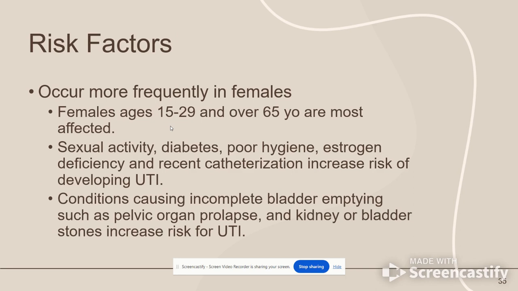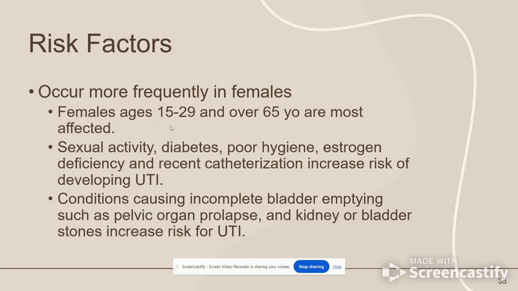All of these will increase a person's risk of developing a UTI. Also, incomplete bladder emptying, patients who have kidney or bladder stones, and pelvic organ prolapse also increase your risk for UTI. CAUTIs, the catheter-associated UTIs, are a significant cause of hospital-acquired infections, accounting for 40% of them.